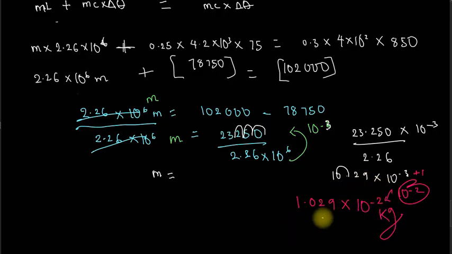So if we want to get our answer in gram, how do we go about it? Kilo means 1000, so 1000 times this. That is, we are multiplying by 10 raised to power 3. That's what it means, 1000. So times 10 raised to power 3, you are going to be left with what?